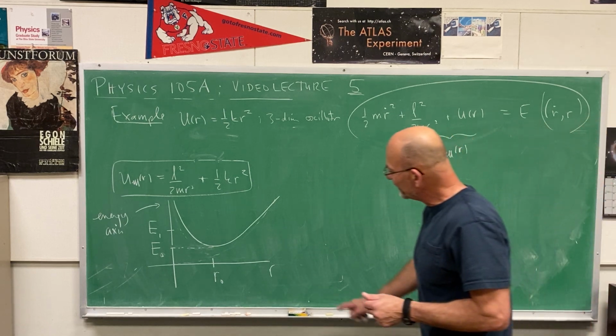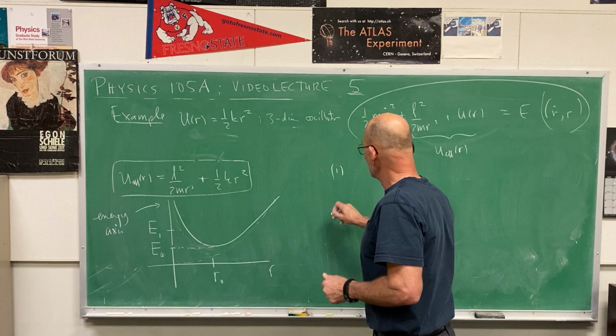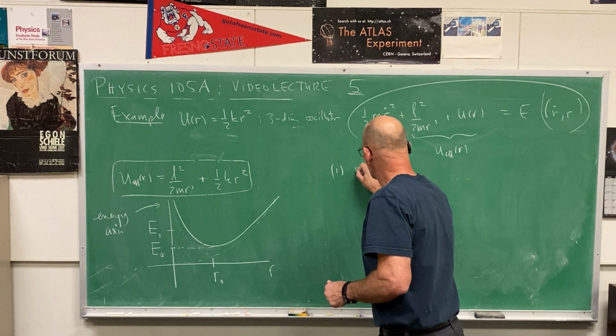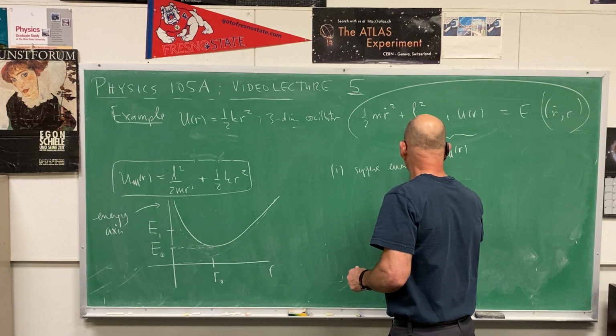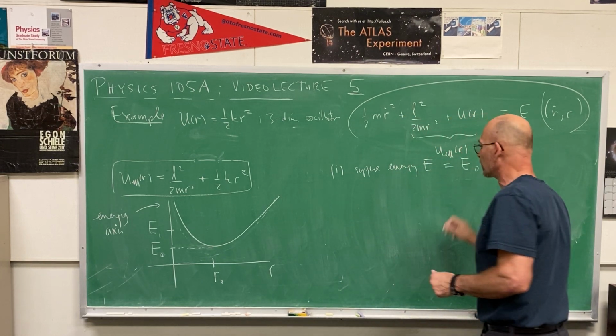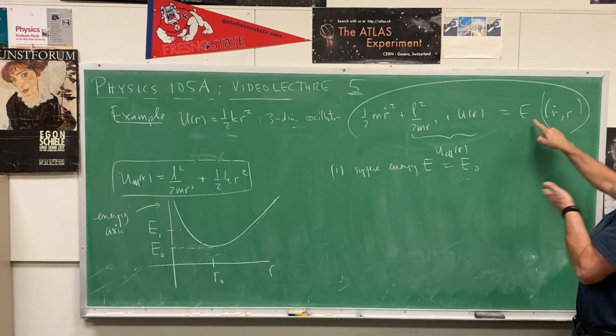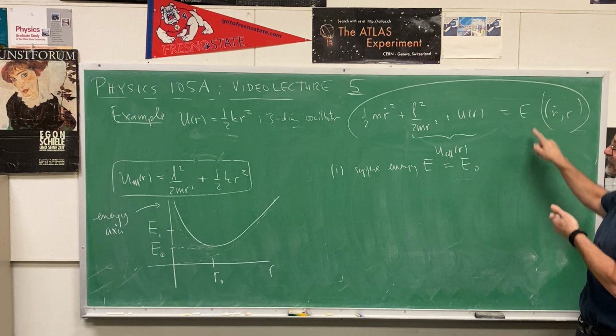What's the meaning of this R sub 0? Suppose energy E is equal to E sub 0, referring to my graph and this function right here. Suppose E is equal to E sub 0.